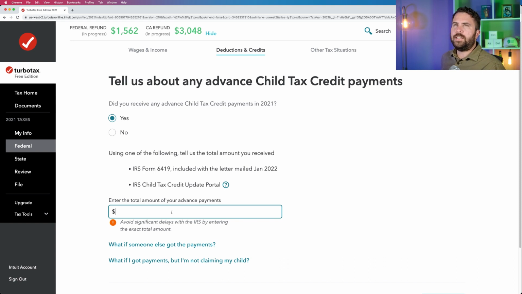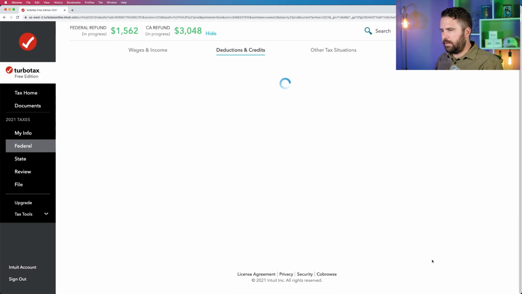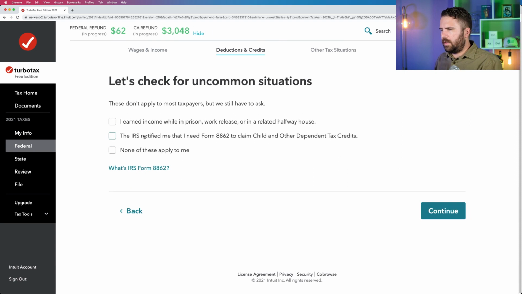So that's 6 months at $250 a month, so that's $1,500. That's typical, because the payment started in July 2021. Most people got the payment for July, August, September, October, November, December. So that's what I'm assuming here. I can hit continue. I'm going to say these apply to me.